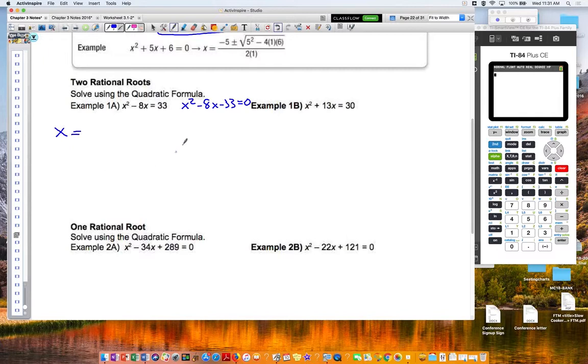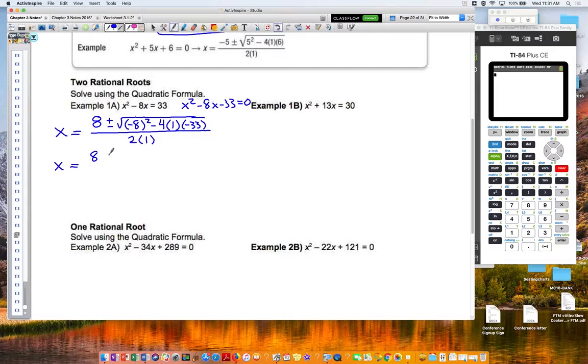x equals the opposite of b. So the opposite of negative 8 is positive 8, plus or minus the square root of negative 8 squared minus 4 times my a value here, which is 1, times my c value, which is negative 33, all over 2 times 1. Now I just start to simplify.